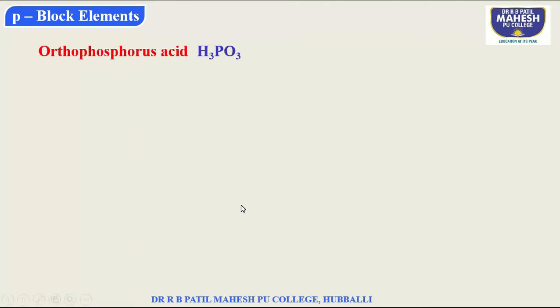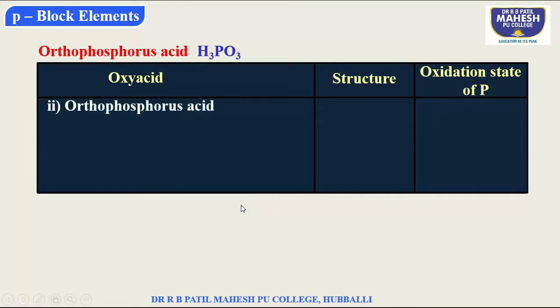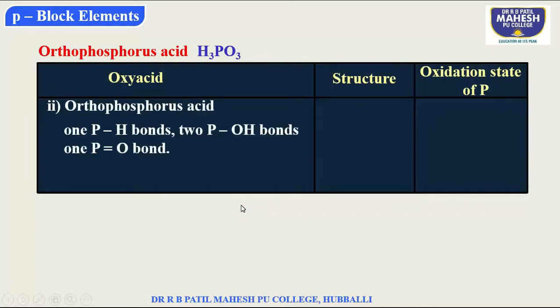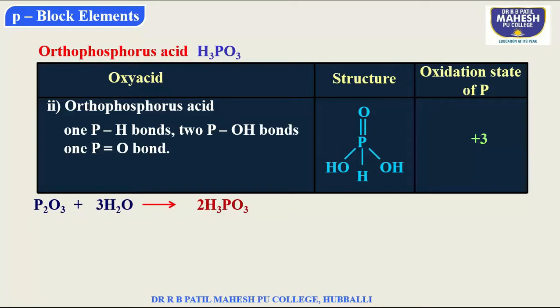Orthophosphorous acid, H3PO3. In the case of orthophosphorous acid, we have one P=O, two P-OH bonds and one P-H bond. Here the oxidation number of phosphorus is +3. It is obtained by reaction of P2O3 with water.